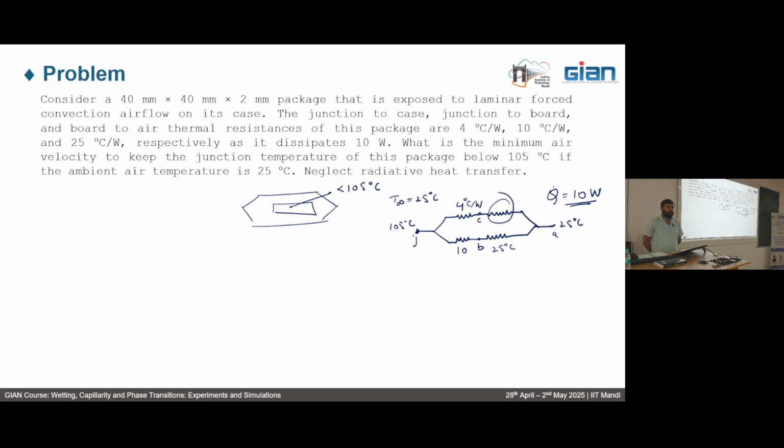So what we can do is, first we can find the resistance from junction to air, because we know the junction temperature, we know the air temperature, and we also know the net heat transfer rate. So first we can write R JA is equal to Tj minus Ta by Q.